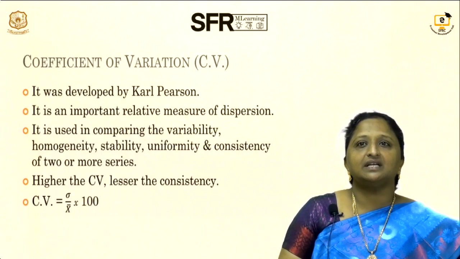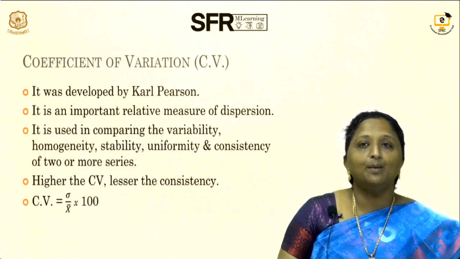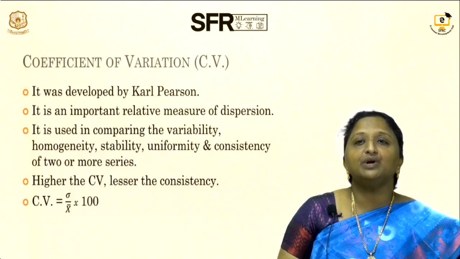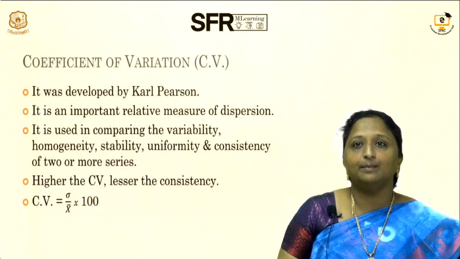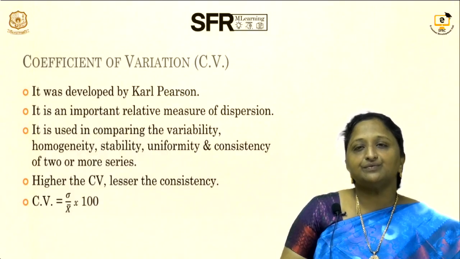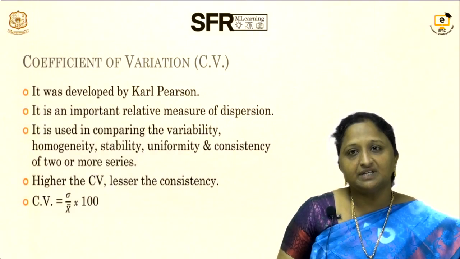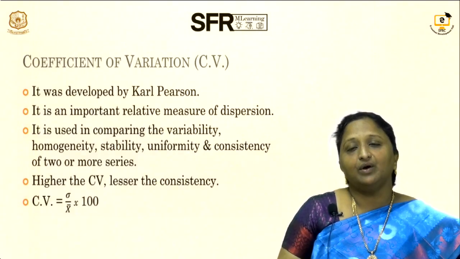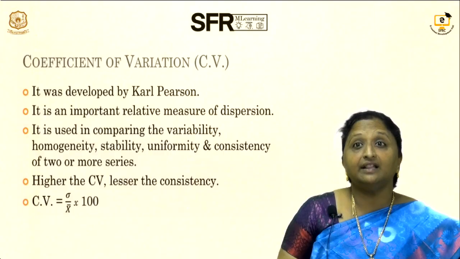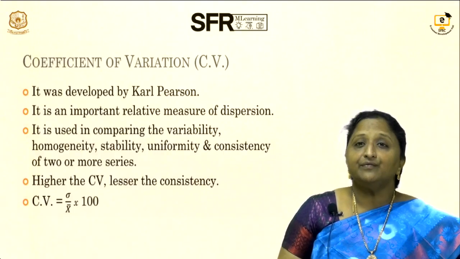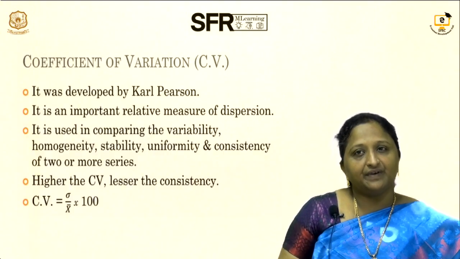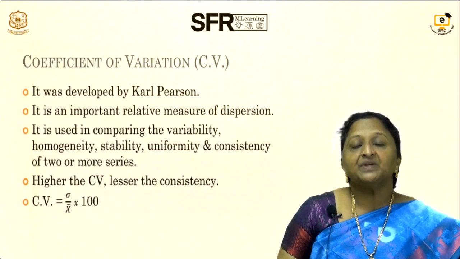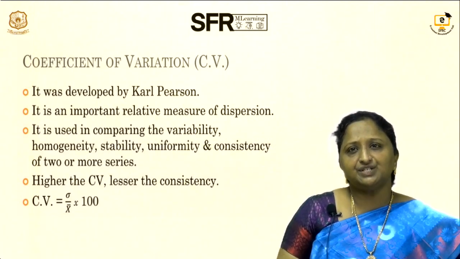It is used in comparing the variability, homogeneity, stability, uniformity and consistency of two or more series. The higher the coefficient of variation, the lesser the consistency; the smaller the coefficient of variation, the more consistent. The formula for the coefficient of variation is sigma by x bar, into 100.